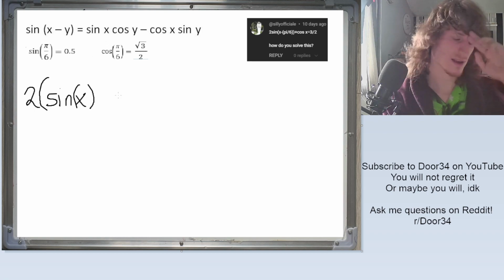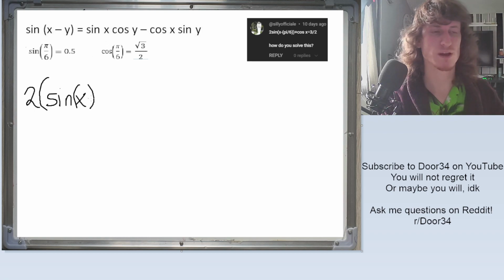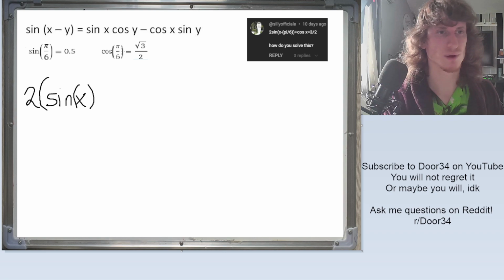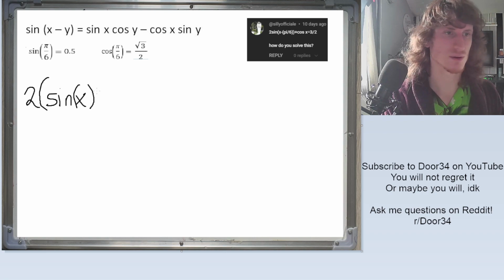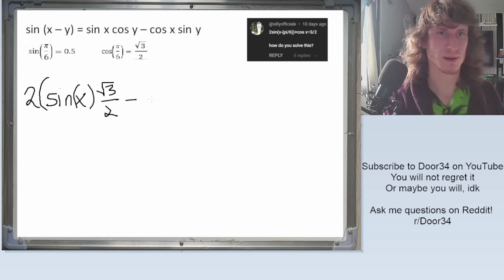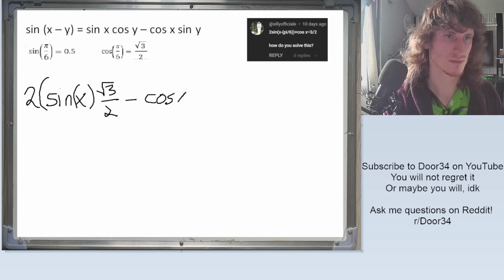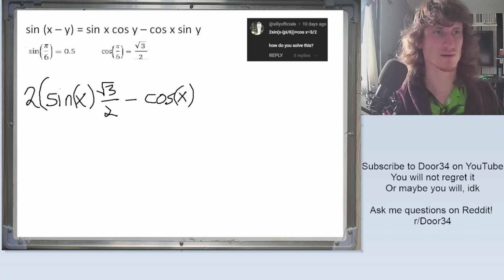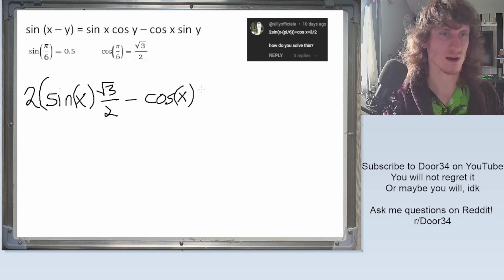We're having x just be a variable, and for y we're going to put in pi on 6, so cosine of pi on 6 is going to be root 3 over 2, minus, well, we're going to be left with the cosine of x, and then sine of y. Remember y is pi on 6, so this is going to be sine of pi on 6, so that's going to be 1/2.